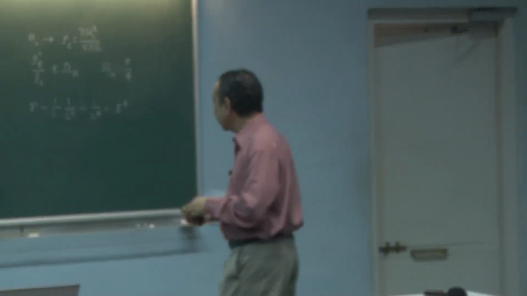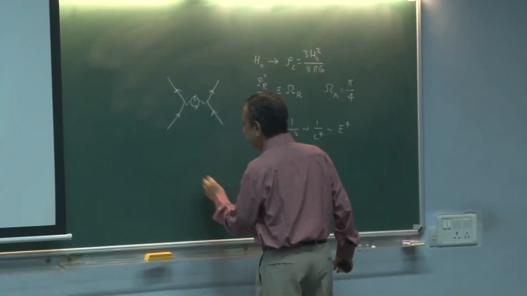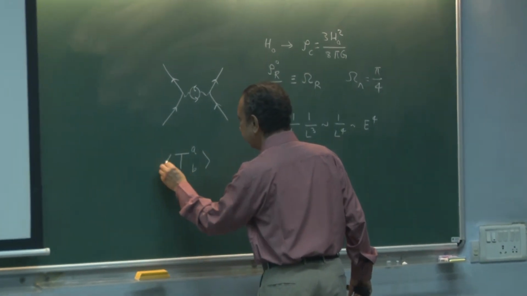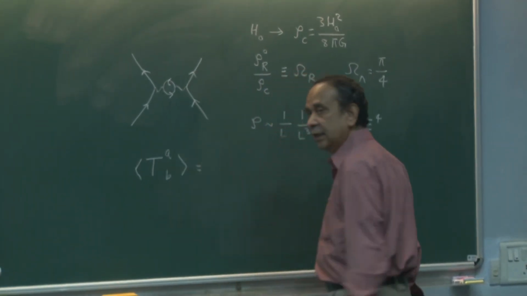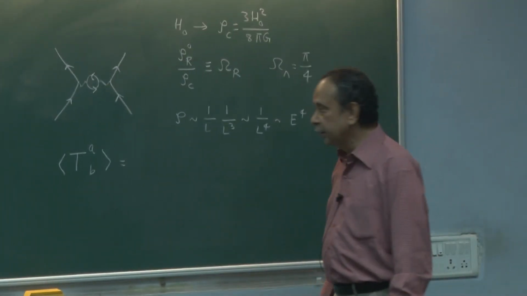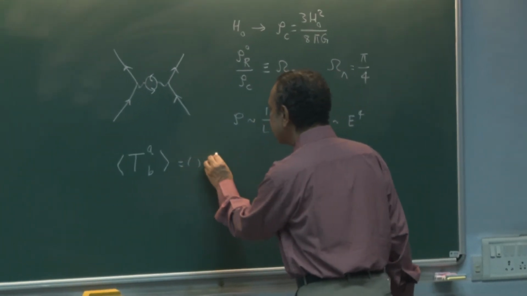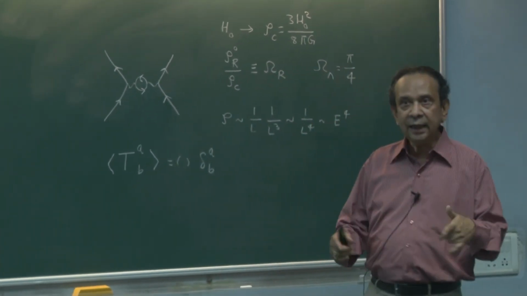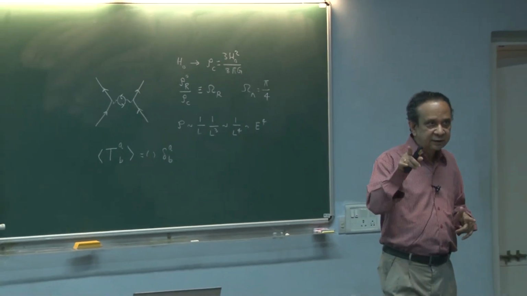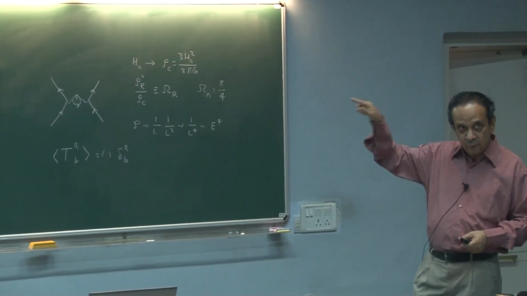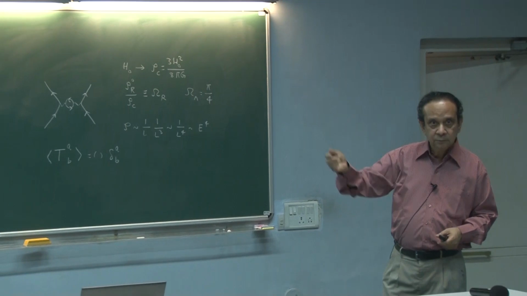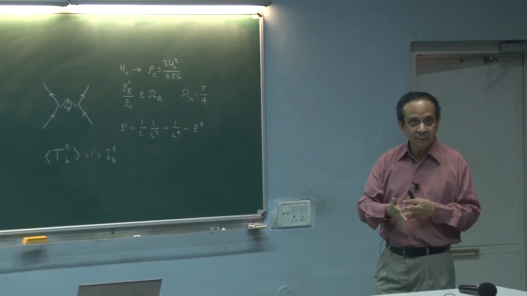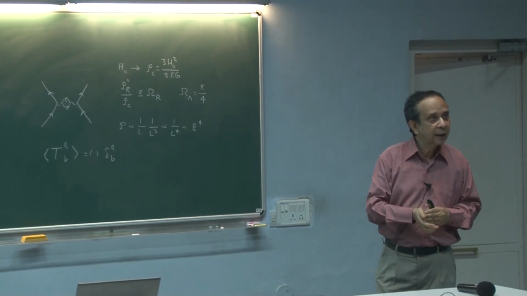So, if you are going to compute T^A_B, in particular consider T upper and lower in some expectation value sense, and if it has to be Lorentz invariant, the only thing you can have is some constant times Kronecker delta AB, because anything else will depend on the trajectory of the observer, because in order to compute the pressure and the energy density, we use the u mu, the four velocity of the fundamental observer, but that is not generally covariant.